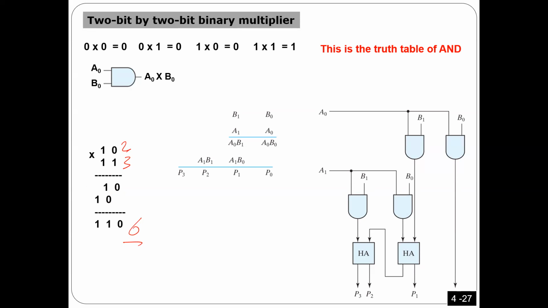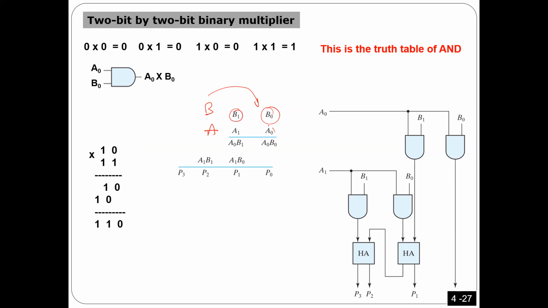Let's see how I can build a hardware circuit that can do multiplication. Listen to me, it's very easy. This was a specific example; now I'm going to do the same example in general. I have 2 numbers, and every number is 2 bits. I have number B and number A. Number B has B0, which is the first bit, and B1, which is the second bit.